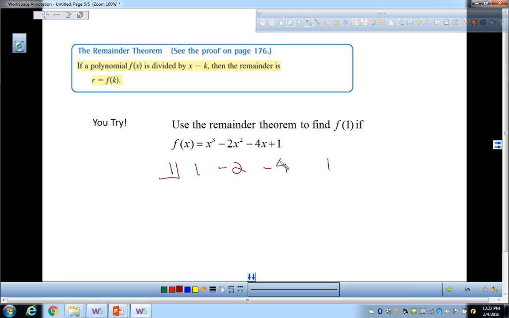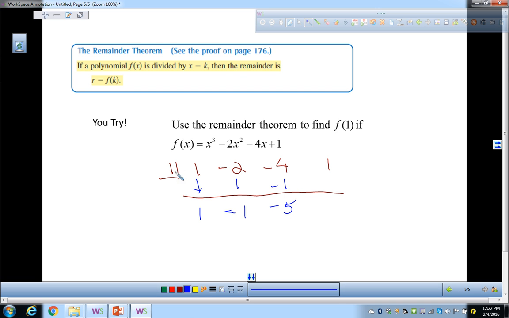There's nothing in between those terms. So bring this straight down. I get 1. This times this gives you 1. This plus this gives you -1. This times this is -1. This plus this is -5.